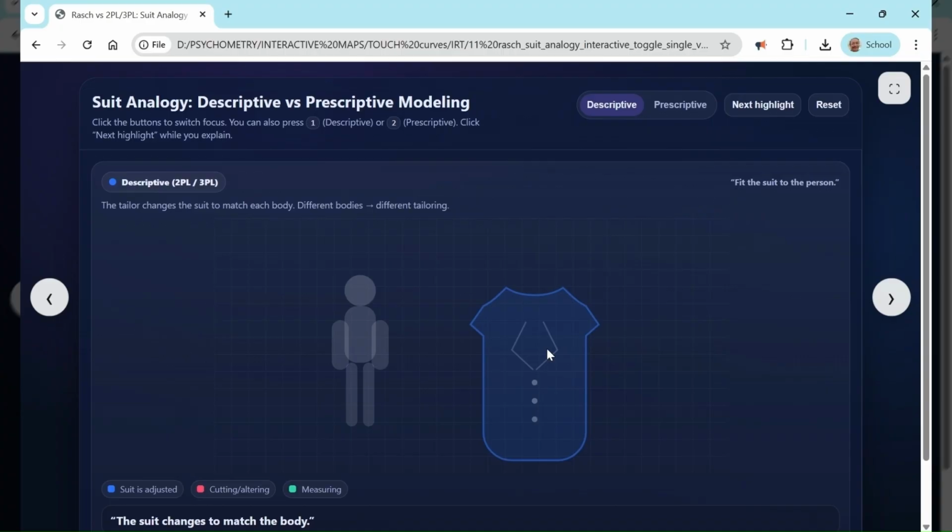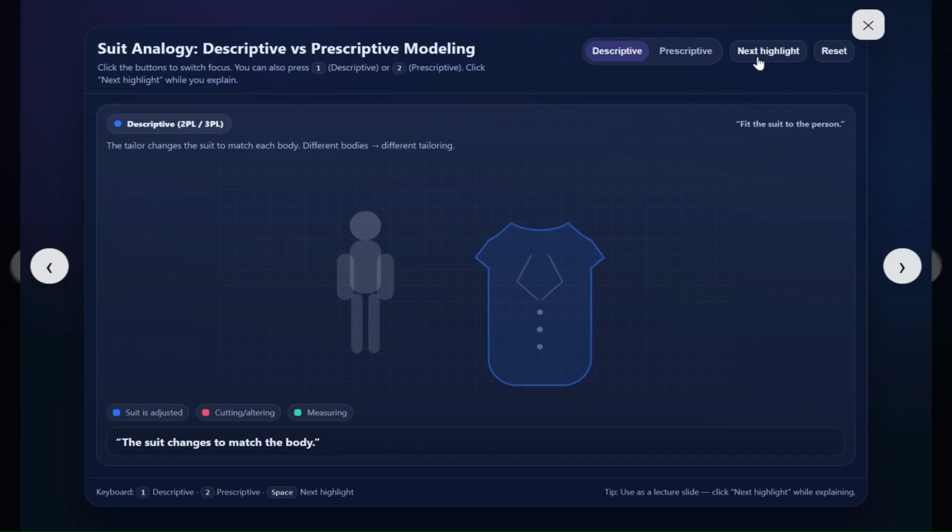You will see the dimensions of the body of the man, and you will make a suit that is similar to him. You will cut it, you will calibrate it, you see how it fits him.